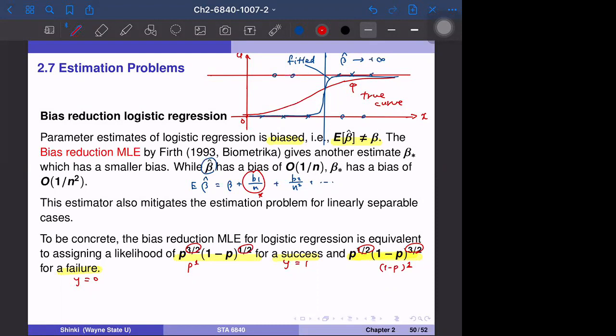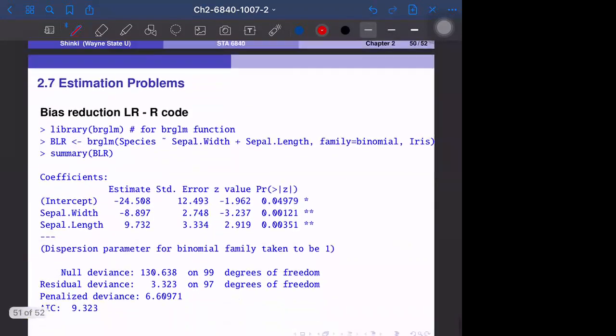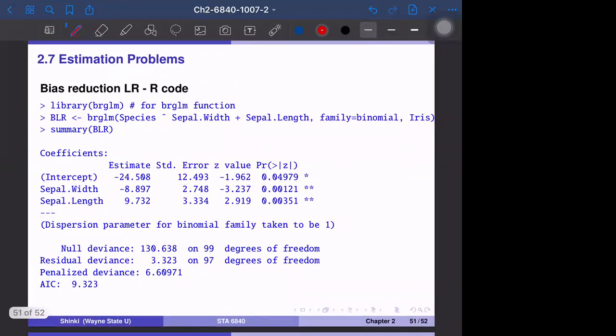Bias reduction logistic regression in R can be done by the library brglm. If you install this package and use the brglm function, the package gives us a warning that brglm2 is in development and will finally replace the original brglm package.